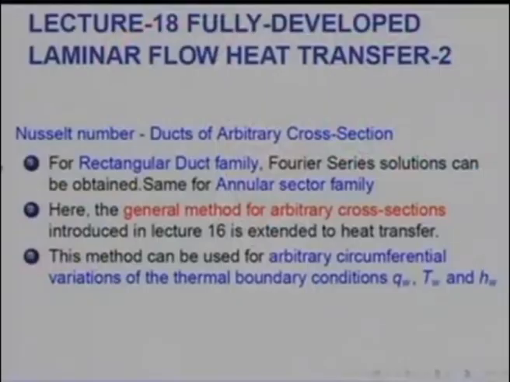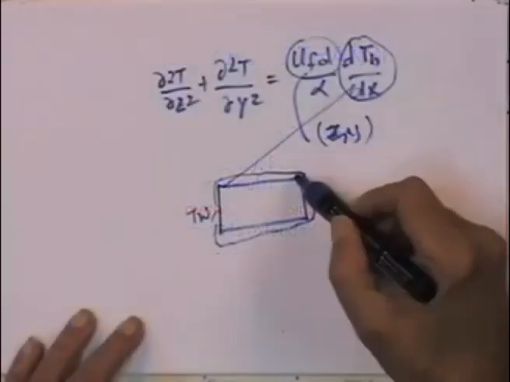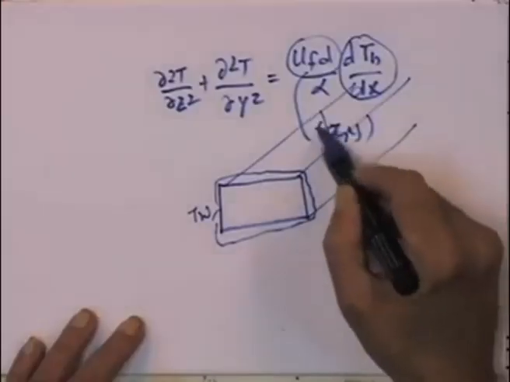The whole purpose is to show that the method can be applied also to heat transfer, with a very special provision, and that is the method can be applied to any arbitrary variation of thermal boundary condition along the circumference. So, for example, if I have a rectangular duct, I may have T w which is varying over the periphery, although actually the heat flux is constant.